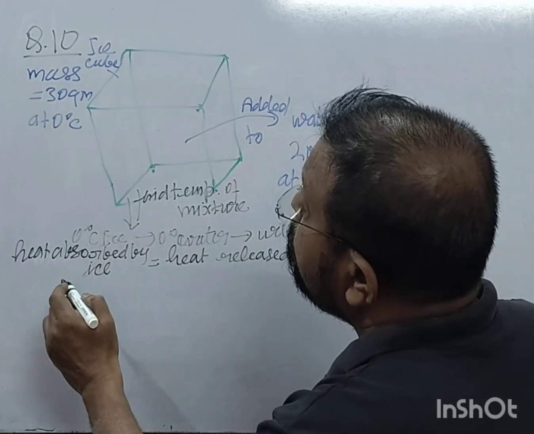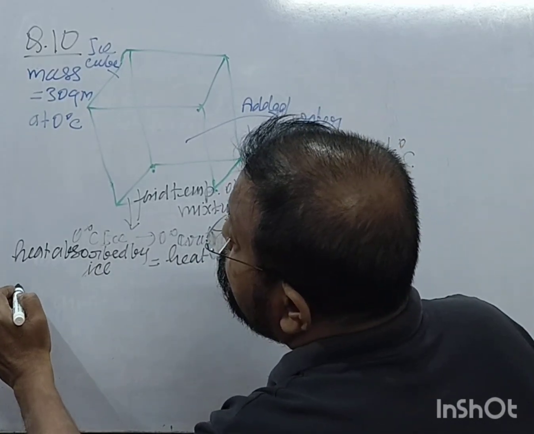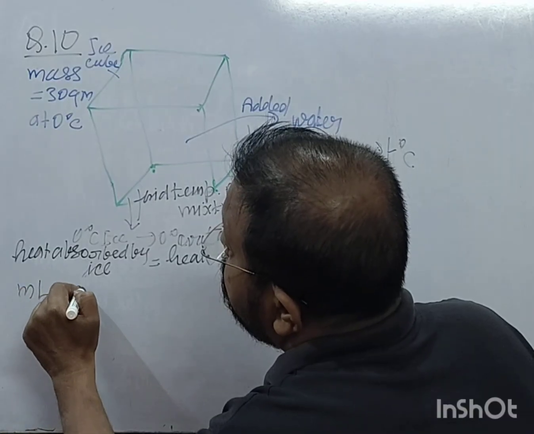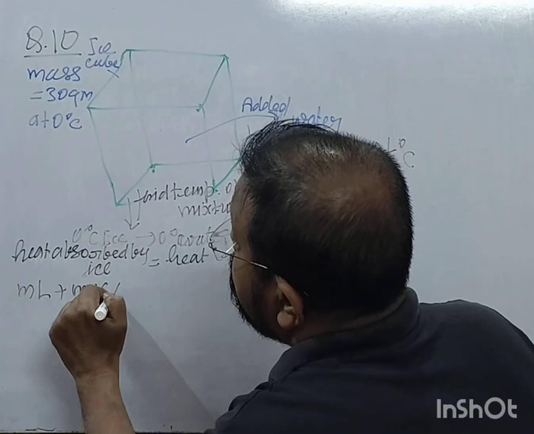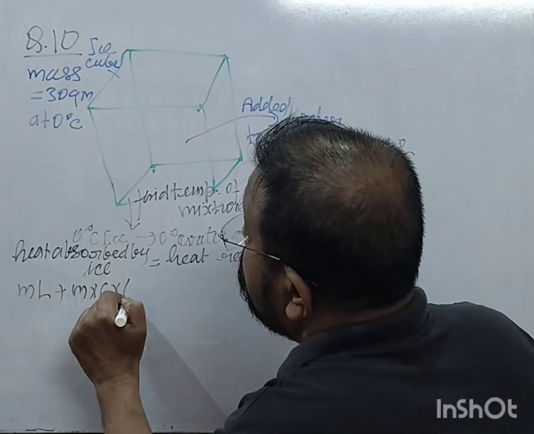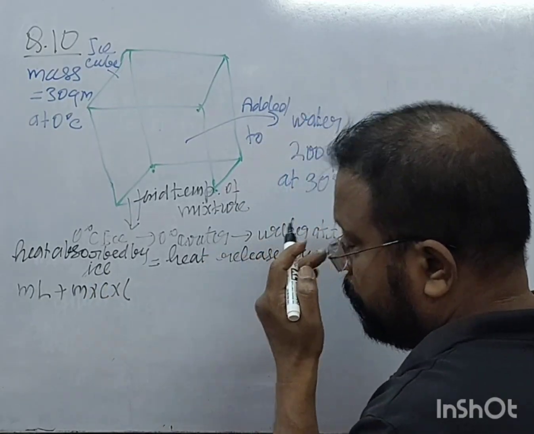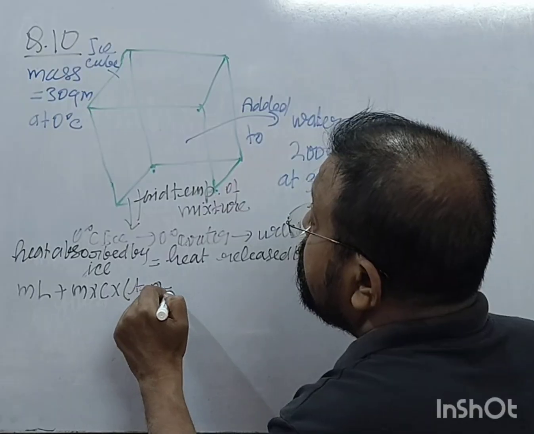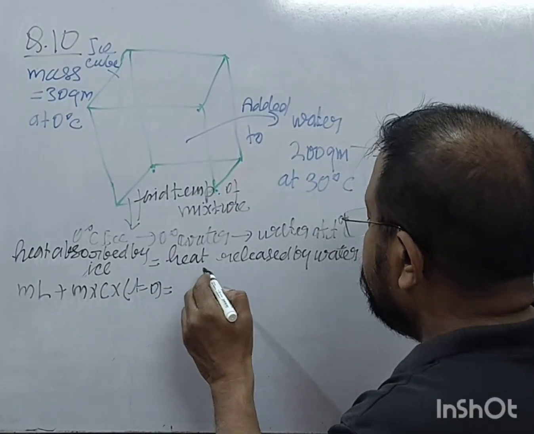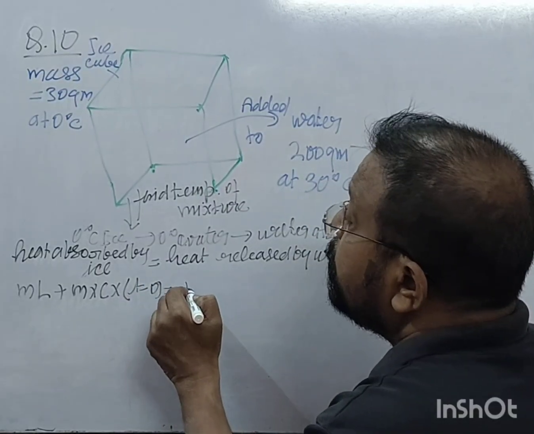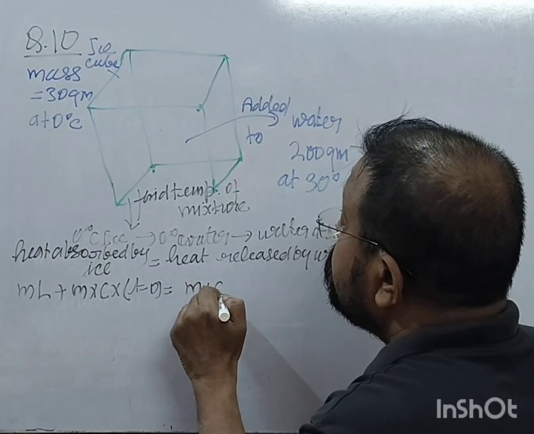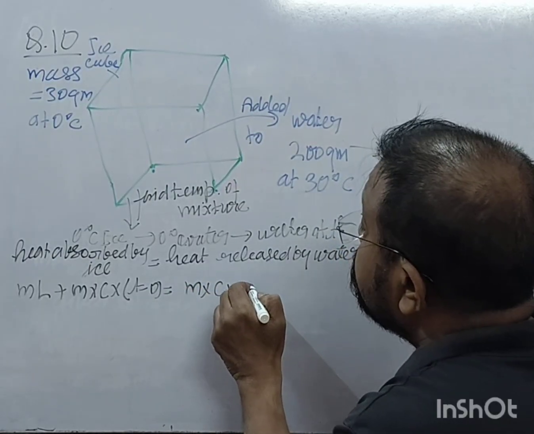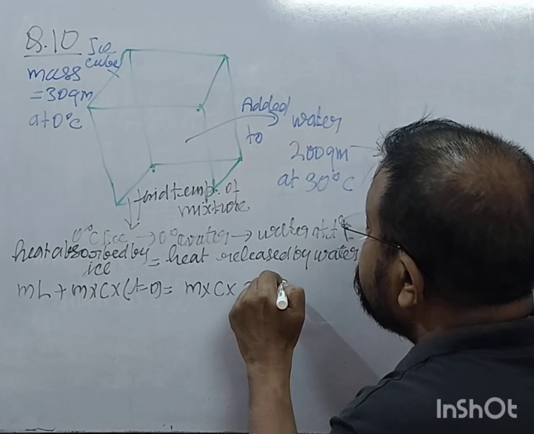Heat absorbed by ice is mL plus m into c into (T minus 0), is equal to heat released by water, that is m into c into (30 minus T).